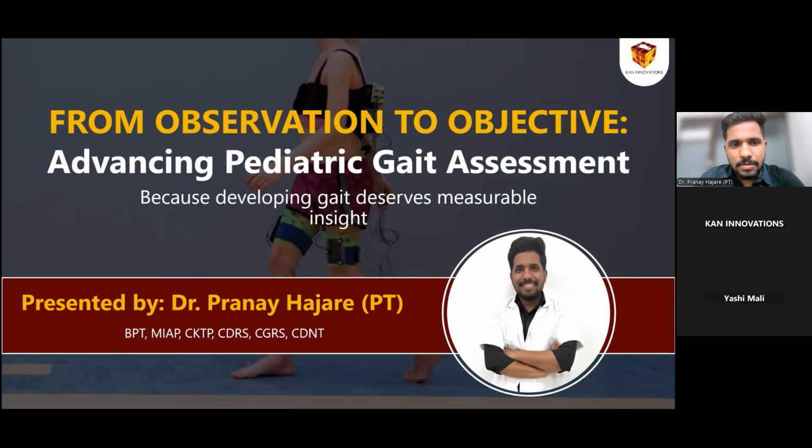Pranay Hajare. Today, we are going to discuss how we can move from subjective observation to objective measurement with the help of center of pressure as a clinical marker. As a physiotherapist, we are trained to observe the gait, but observation alone has limitations. Two therapists may interpret the same child's gait differently.